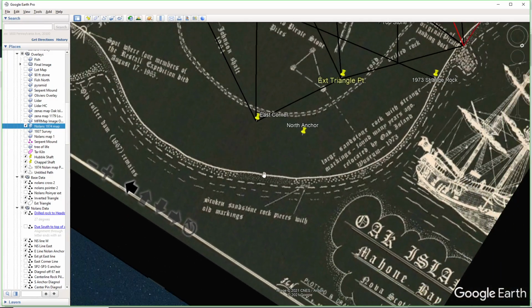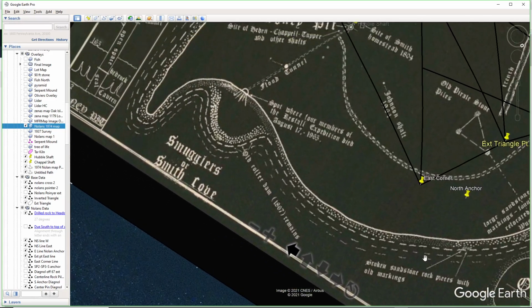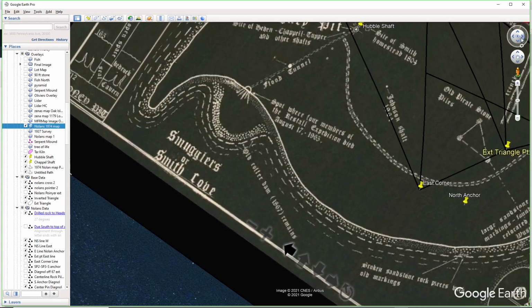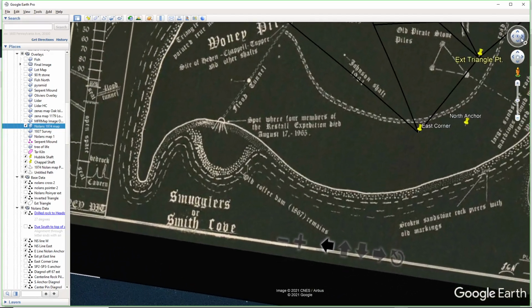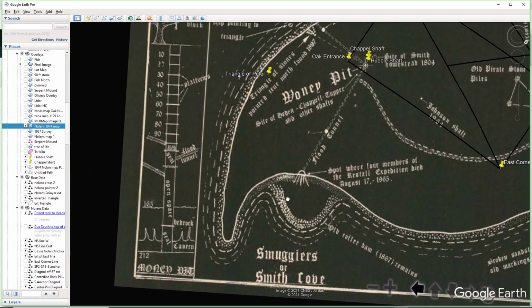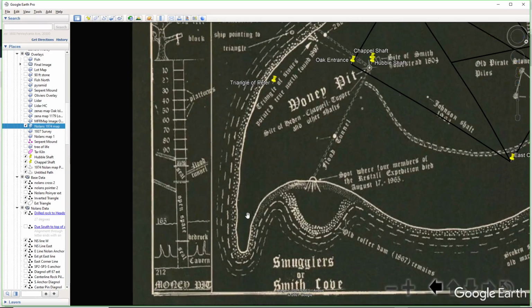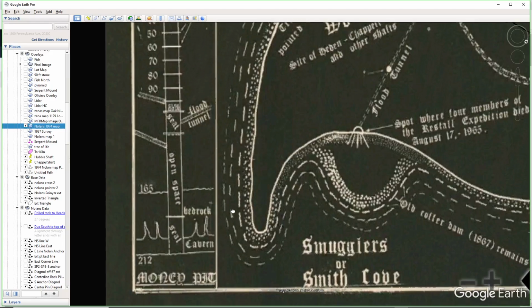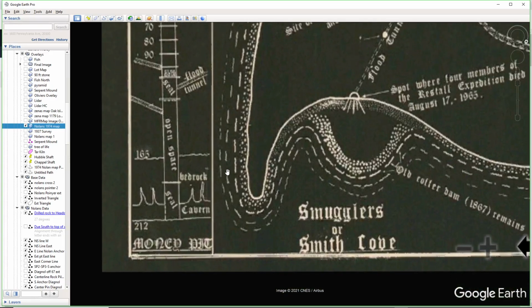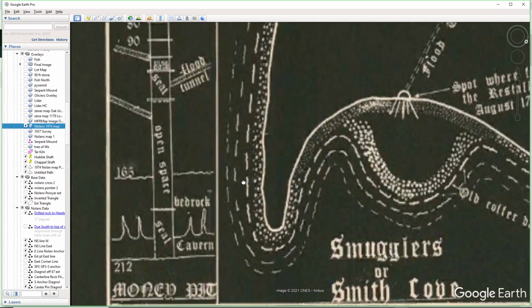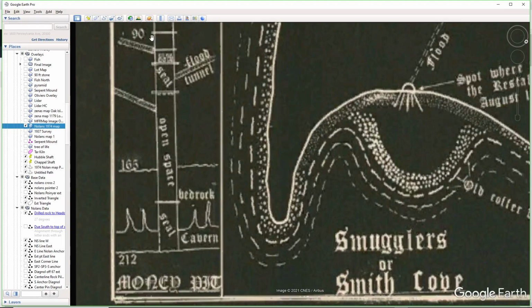Other things I wanted to discuss with you is, let me get this right. I wanted to show you this flood tunnel drawing here that Fred Nolan did. And if you can see, we'll go up here to where, okay, so here's the 90-foot level, and if you notice, he's got it like below.